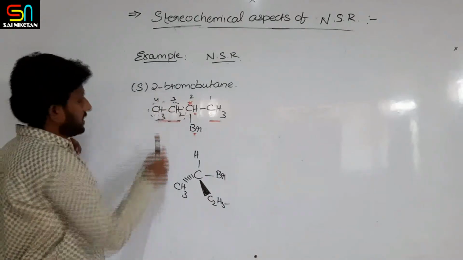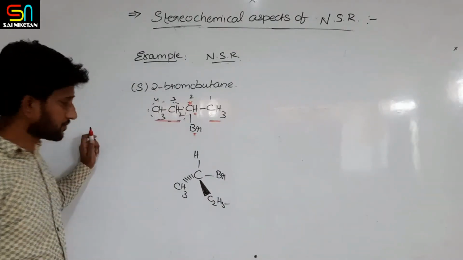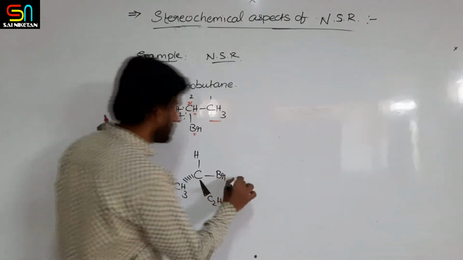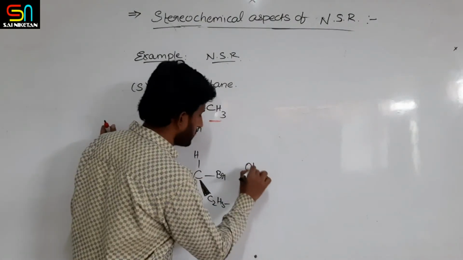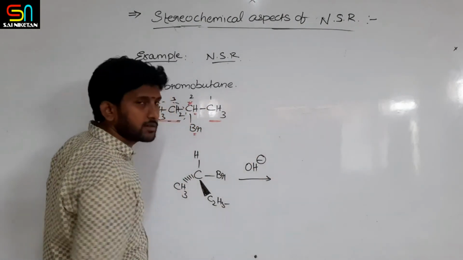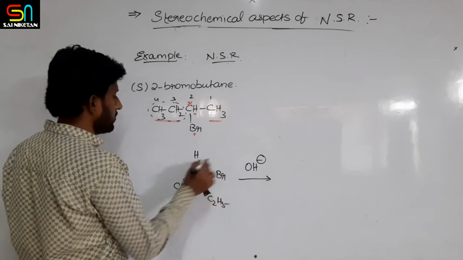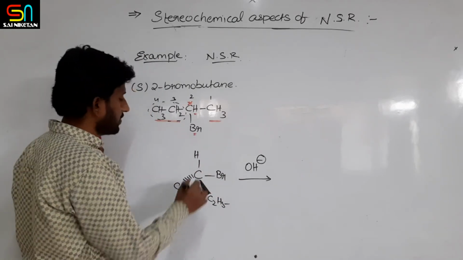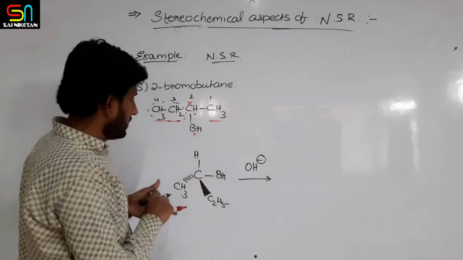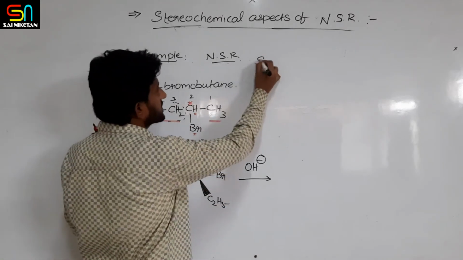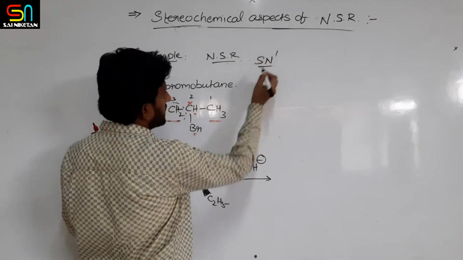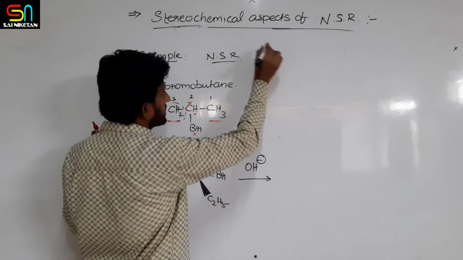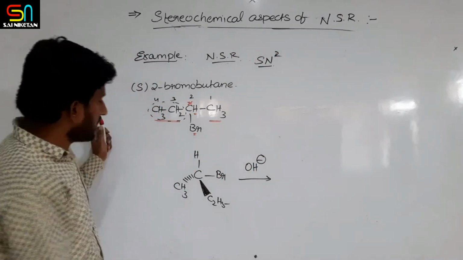This is S-2-bromobutane. When this molecule is made to react with a base or nucleophile, what happens? The approaching of the nucleophile takes place. Then is it taking place by an SN1 mechanism or SN2 mechanism? What will happen here?